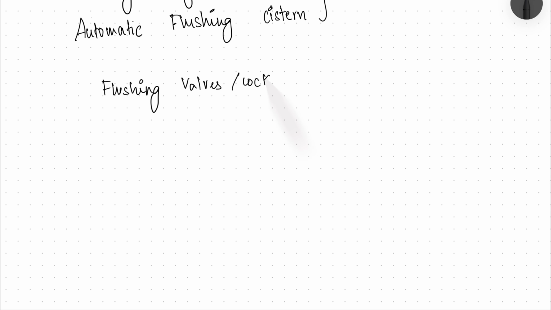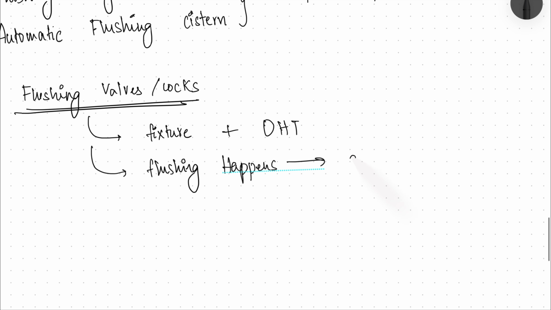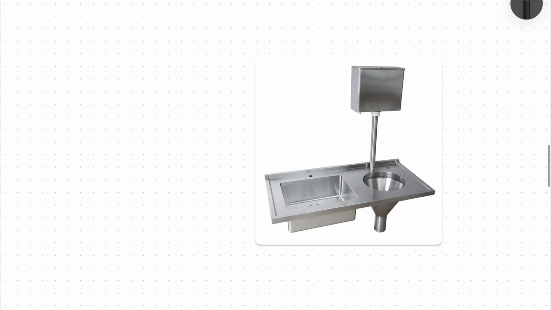So flushing valves or cocks are the ones that connect the fixture, like your urinal or your water closet, with the overhead tank. So the flushing happens due to gravity. Slop sink, or sluice sink.